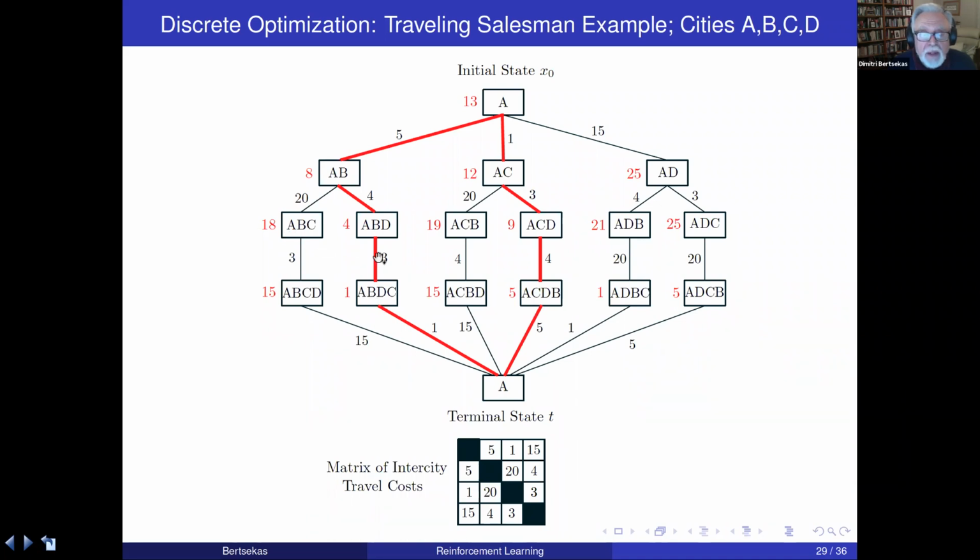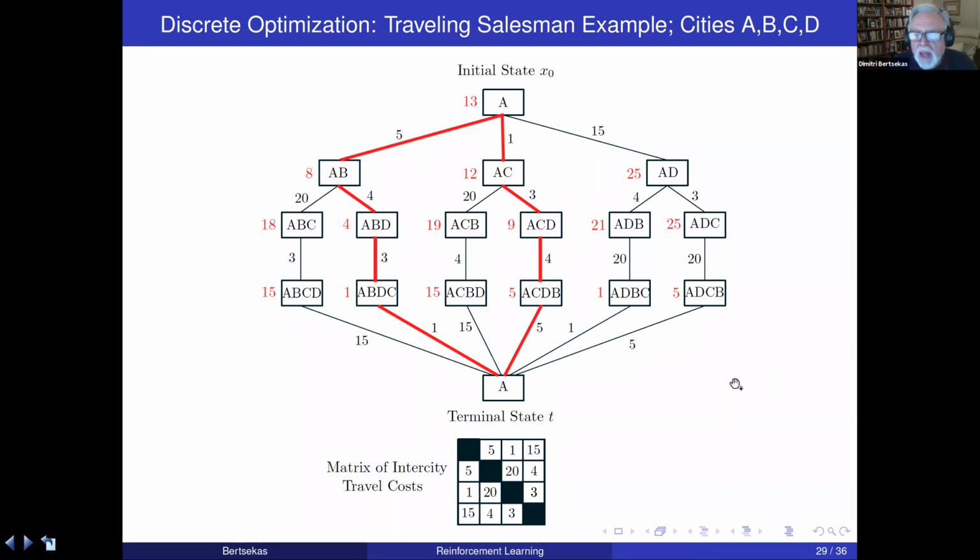Here are 1 and a 3 gives you a 4 and so on. Now, having chosen the first 2 cities, we use these numbers here in order to construct the cost of the tails, to solve the tail subproblems of stage 1. And these involve two decisions, and then we can go one step back to the initial state.